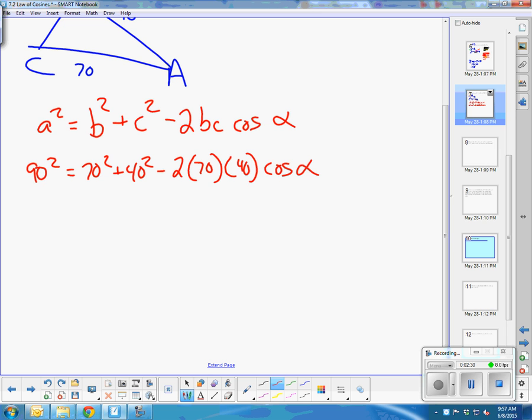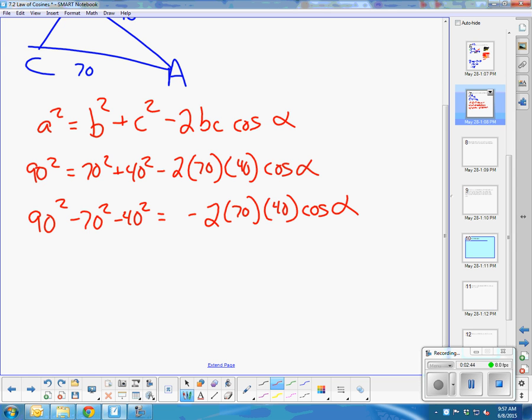I'm going to subtract the 70 squared and the 40 squared from both sides. 90 squared minus 70 squared minus 40 squared equals negative 2 times 70 times 40 times cosine alpha. This little piece right here would simplify down to some number, and I could figure it out, but honestly, I'm not going to bother. I just know that whatever number that is, I would divide both sides by it.